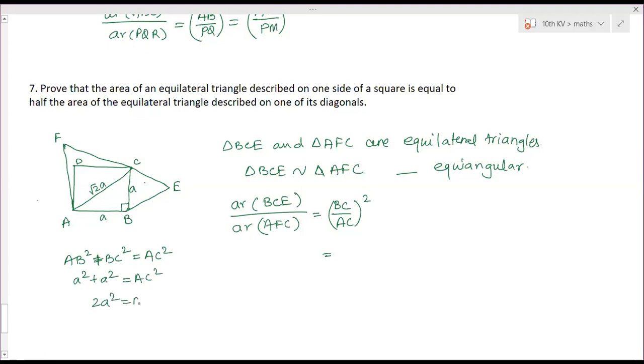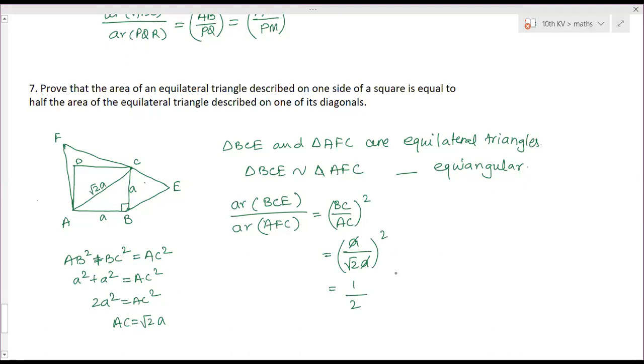So 2A square is equal to AC square. So what is the value of AC? Square root of 2 A square, which is root 2 A. That is the AC value. And BC is A. So substitute here. A by root 2 A whole square. A gets cancelled. 1 by root 2 whole square. 1 square is 1. Root 2 square is 2. So 1 by 2.